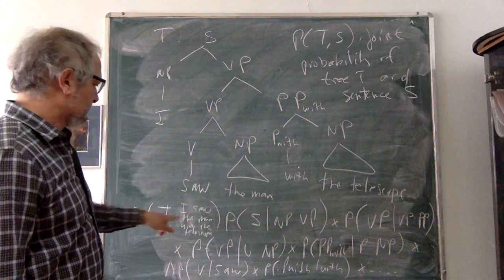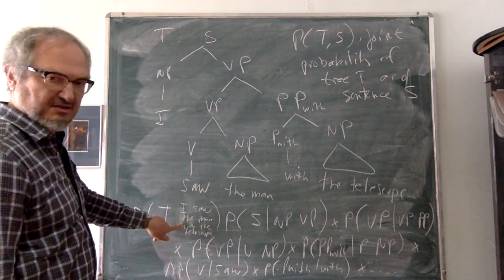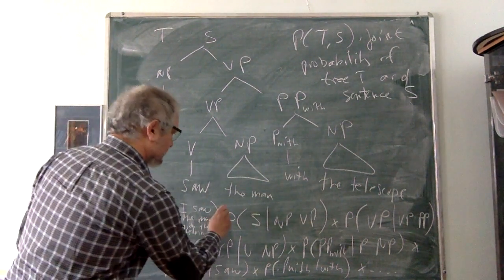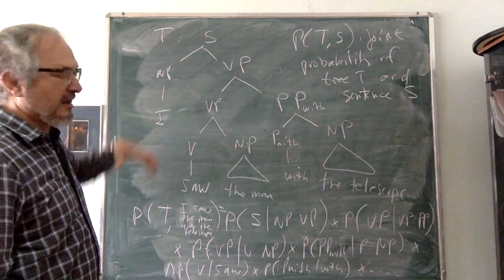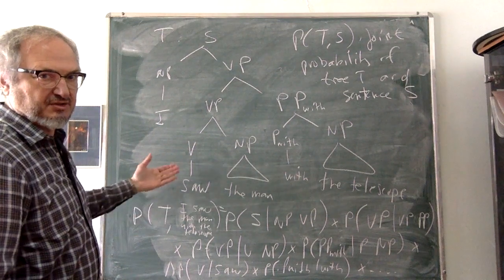So probability of a tree given the sentence is essentially how I generated the tree for the sentence using this grammar.